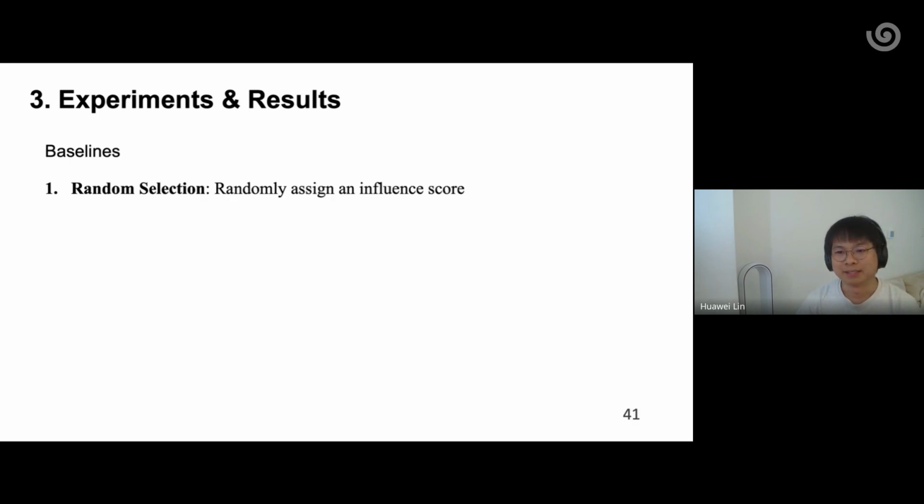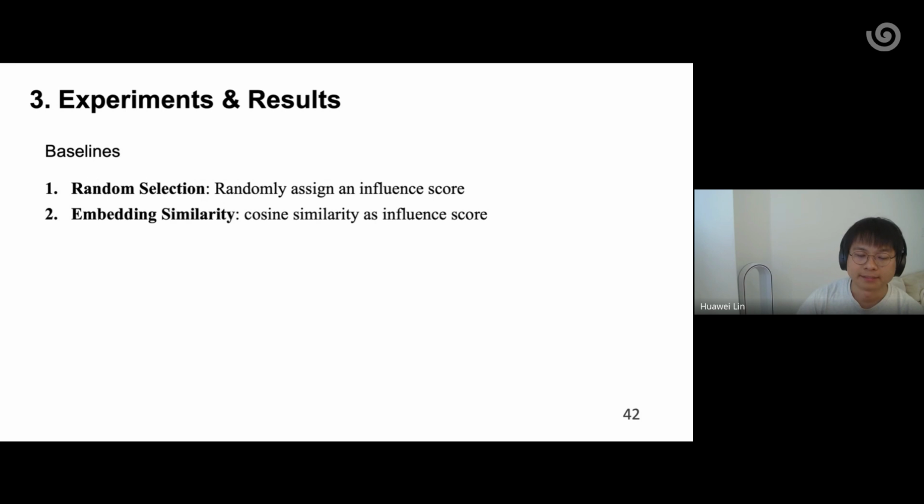Then we use some baselines for a comprehensive comparison. The first one is random selection, where we randomly assign an influence score between 0 and 1 to each training data sample. The second is embedding similarity, where we use the cosine similarity of the embeddings as the influence score.